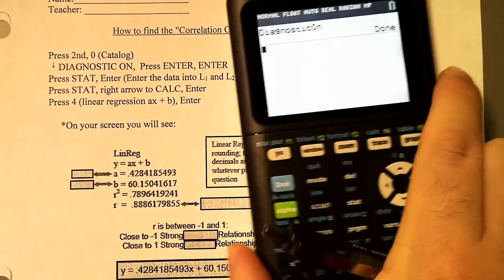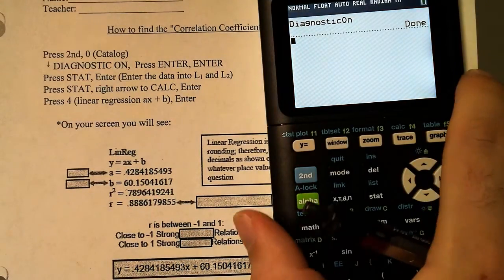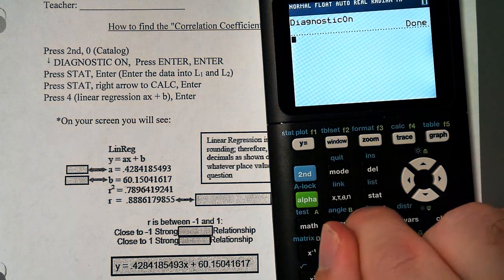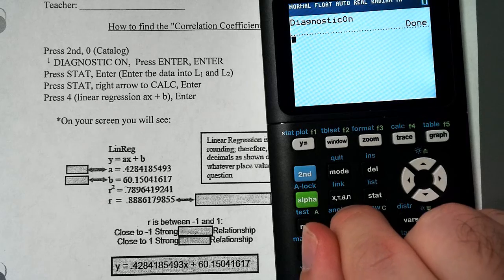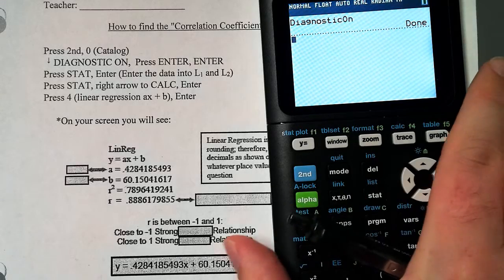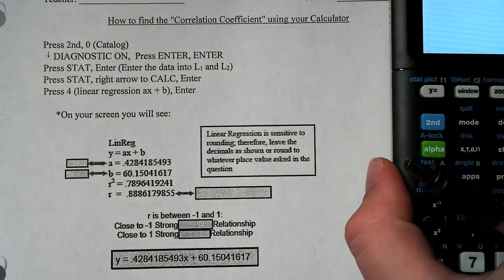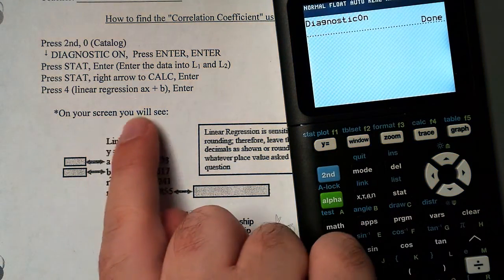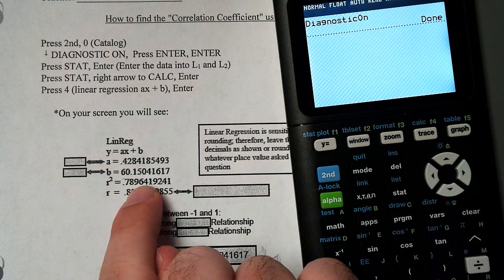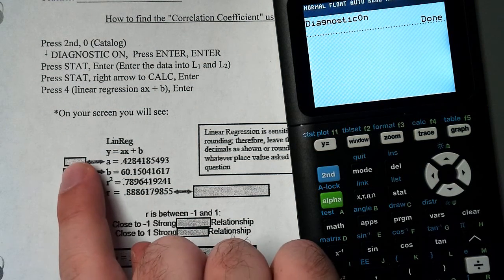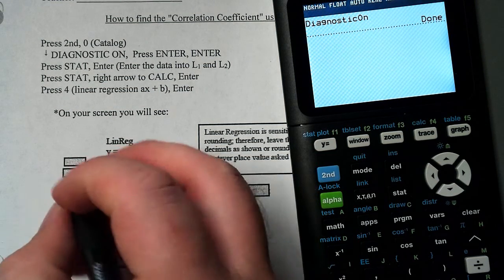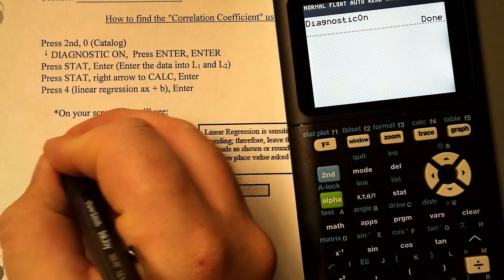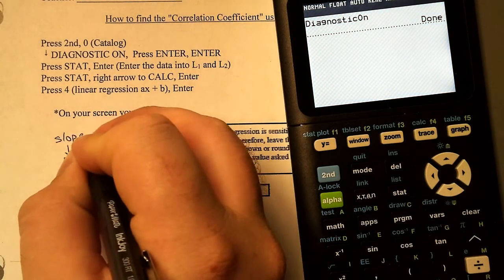Now, what you can do is you can go to stat, enter your data for L1, enter your data for L2, push calc and go to linear regression, and you're going to see an extra category. So all this is doing is adding an extra category to linear regression, and you're going to have an R squared and an R. Now, the A is still our slope, and if you can't write it in that box, just write it outside of it.